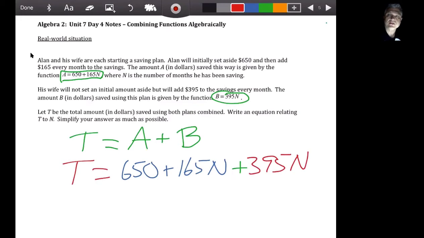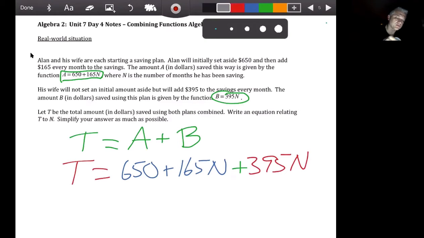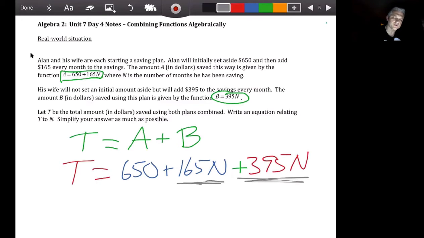So now you just go back to your Algebra 1 days and ask which of these terms are like terms. Like terms have the same variables with the same exponents. This has n to the first, this has n to the first, so I can combine them: positive 165n plus 395n.